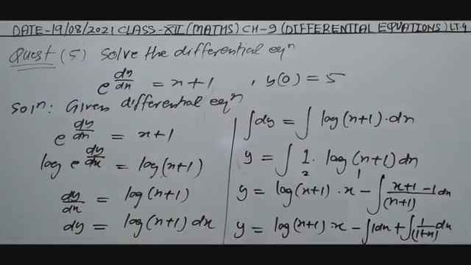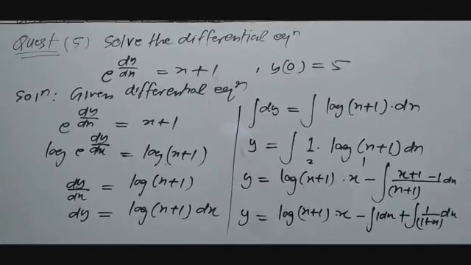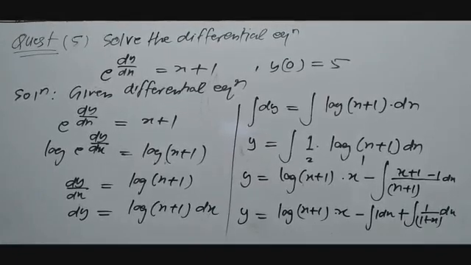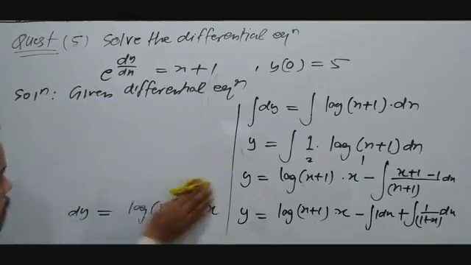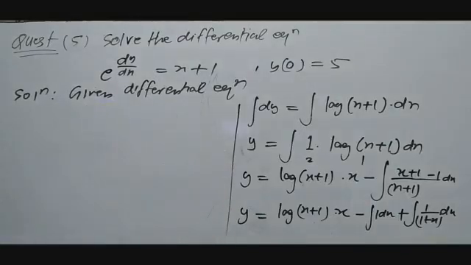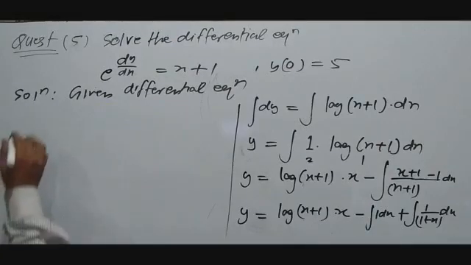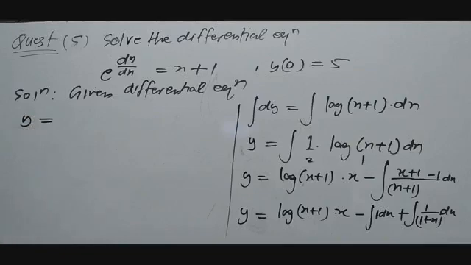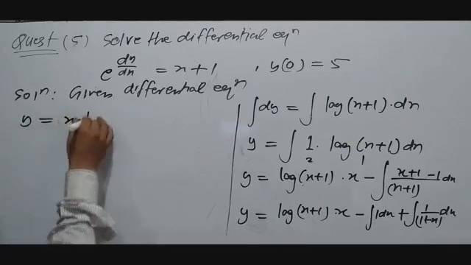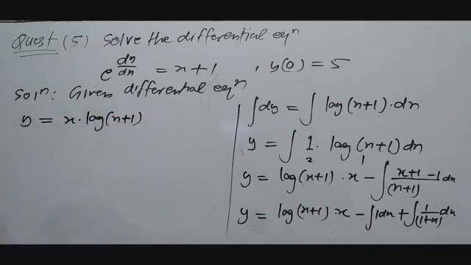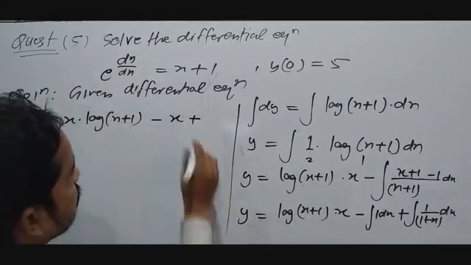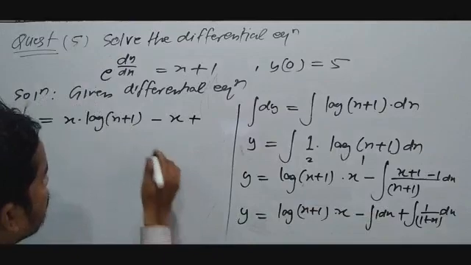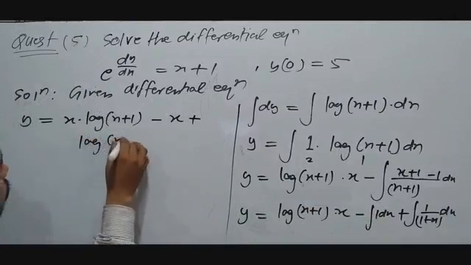Now see, the result we can write: y is equal to x times log of x plus 1 minus the integral of 1 dx, whose result is x, and plus the integral of 1 upon x plus 1, whose result will be log of x plus 1.